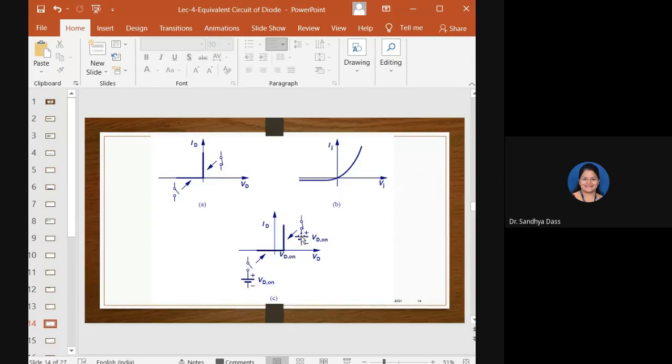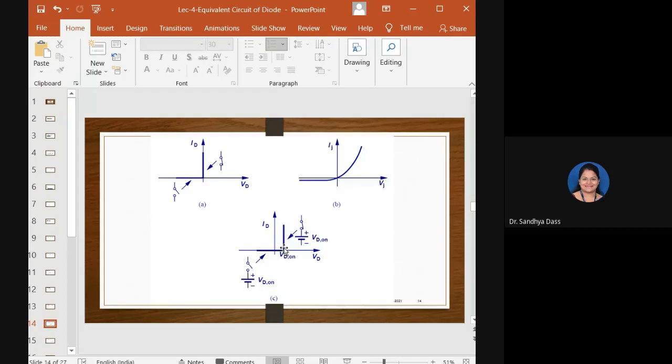So instead of replacing, you can also say that in series you connect a voltage source of 0.7 volts in this approximate model. For silicon we use 0.7 volts, and for germanium we replace the diode in the circuit with 0.3 volts. So what does it indicate? Only after that value is there full current flowing through it, isn't it?